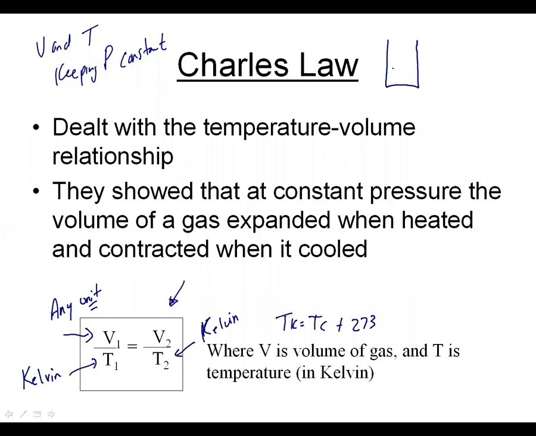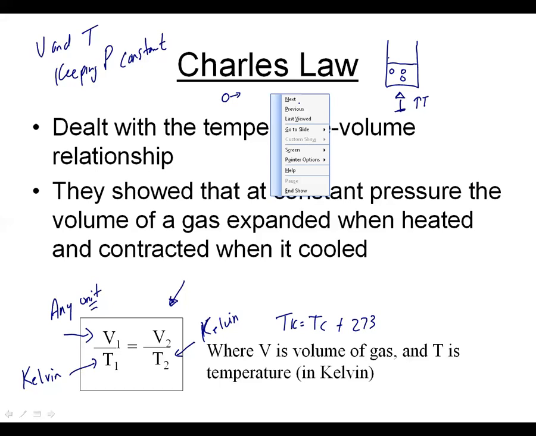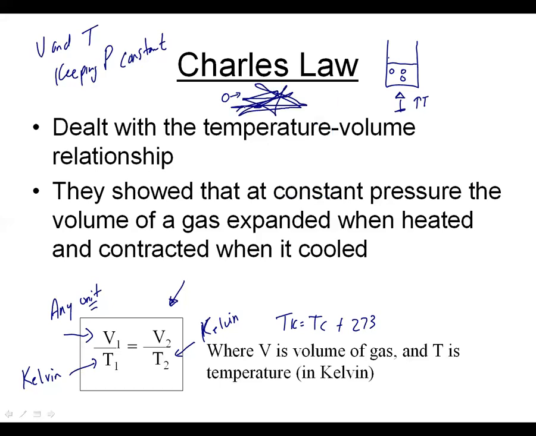First off, if I have my volume and my 3 gas molecules here flying around, and I increase the temperature, so I start to heat it, what's going to happen to my gas molecules is they are going to start to move around faster. Because they're gaining all that energy, they're going to fly around faster, and that's going to increase the rate of collisions, as we would expect to happen.